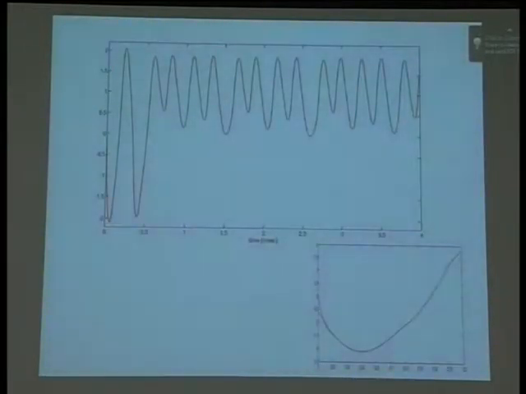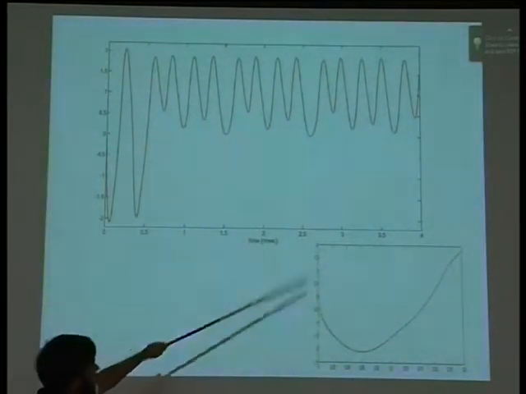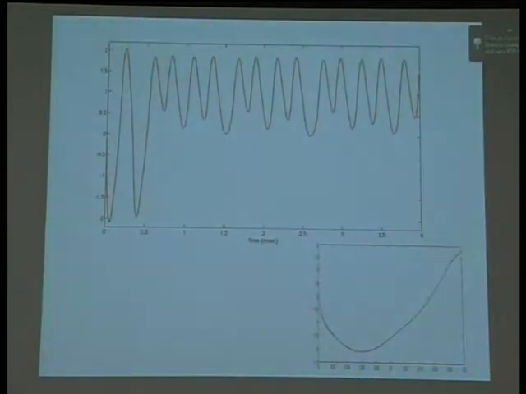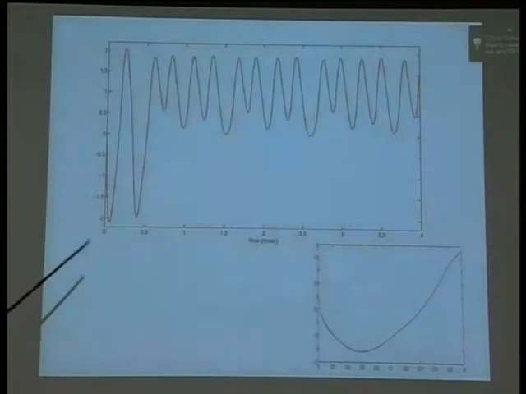In our case, we have taken two initial conditions, shown here at two different points, and after some time, with k equal to 1.2, we got complete synchronization.